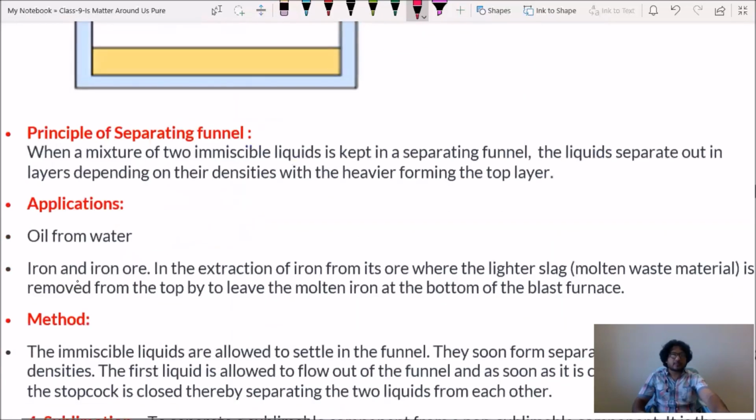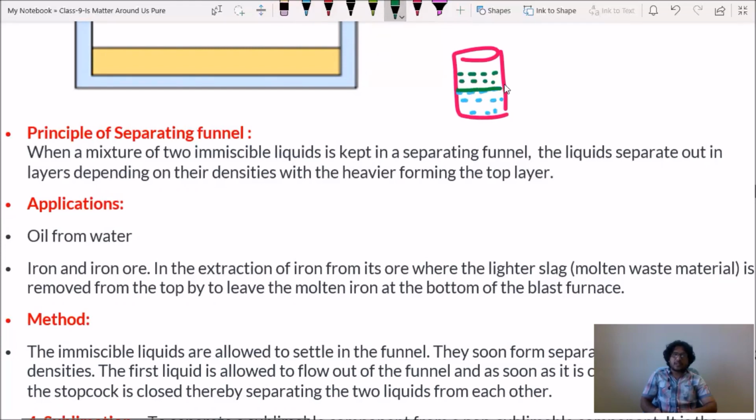Next, principle. What is the principle behind that? When a mixture of immiscible liquids is kept in a separating funnel, automatically the liquids separate out in layers. If you take a beaker and add water and oil, the water will be settled at the bottom and the oil will be floating up.